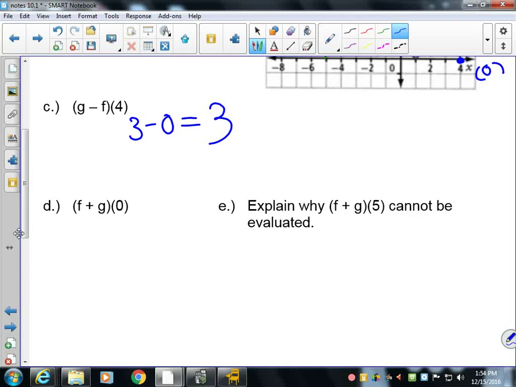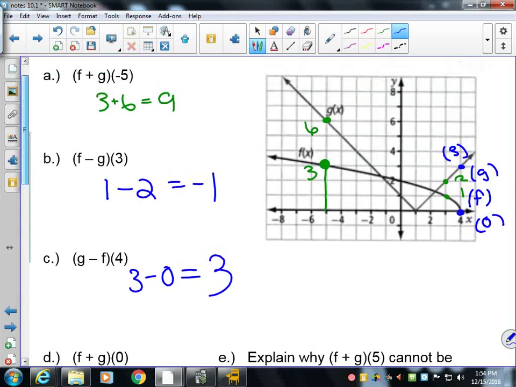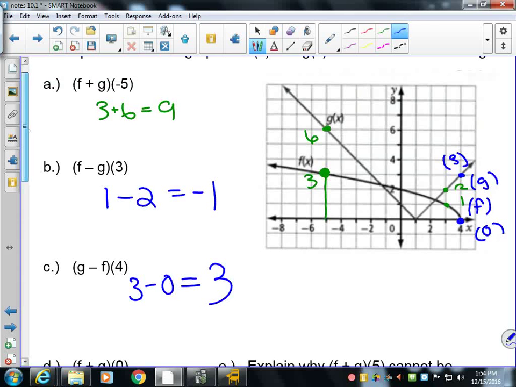Yeah? Can we just say f of x does not extend that far? So for E, why can't you do f plus g of 5? You can't see 5. It doesn't extend. It's not part of the domain, right?